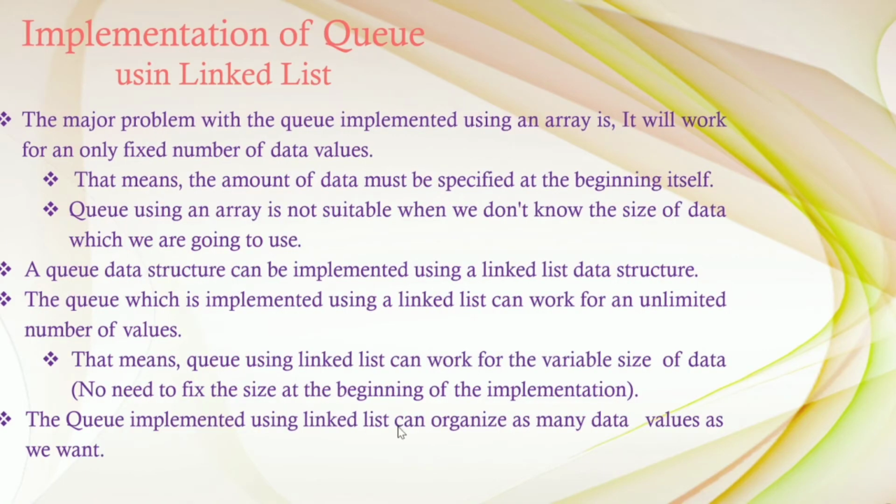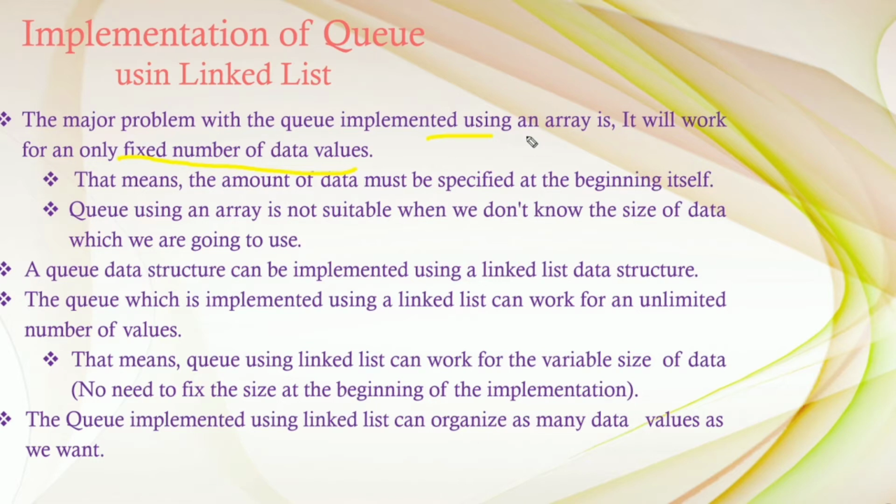Queue can be implemented using the array and linked list. In this video we learn about the implementation of queue using the linked list. Implementing the queue using the array is the simple way, but array implementation works only for a fixed number of data values, because when we are using the array, at first we have to declare the size of the array.